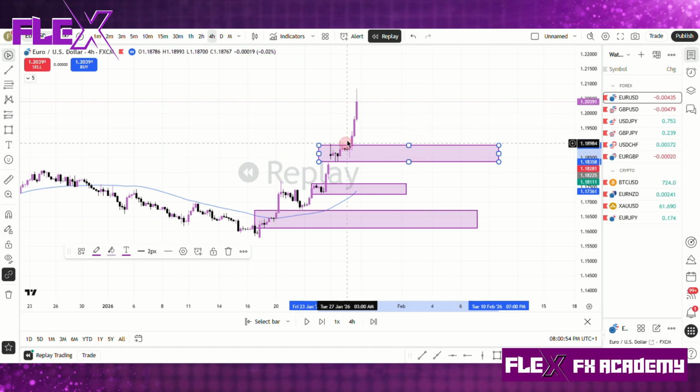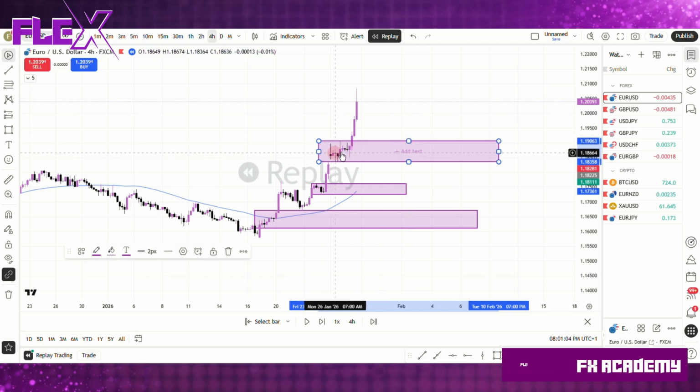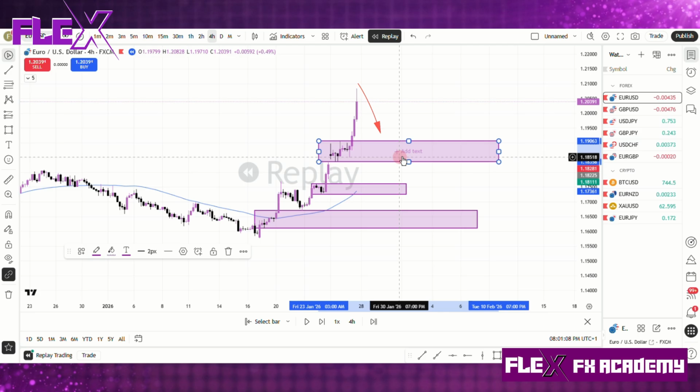However, sometimes the market will just come and tap on the wick, connect with the wick, and then go up. So I rather place it on the wick of the candle here, so that when the market comes in, I'll just be waiting for my entry signal before I go up.